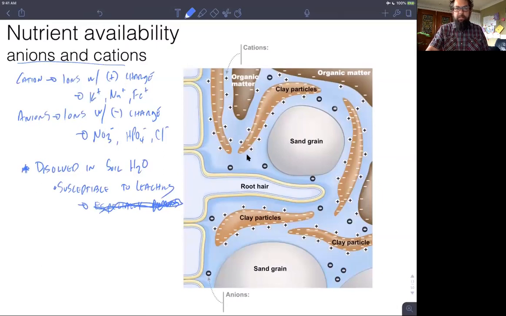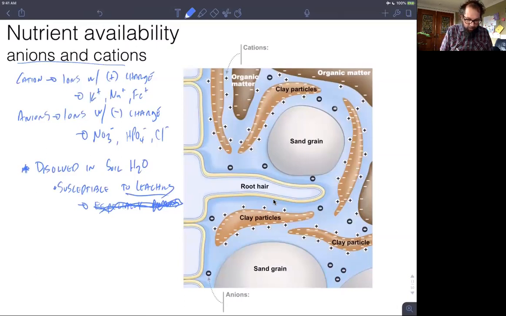What happens here is if they're in the soil water and the water can drain right through, these essential nutrients can actually just be washed through. We call this leaching. This is the loss of those nutrients by washing through that interface where the plant roots are interacting with the soil water. If they go through too quickly, the root hairs won't be able to pick them up. Leaching happens in places with really easy drainage, so in sandy soils or gravelly soils, leaching can be a real problem.